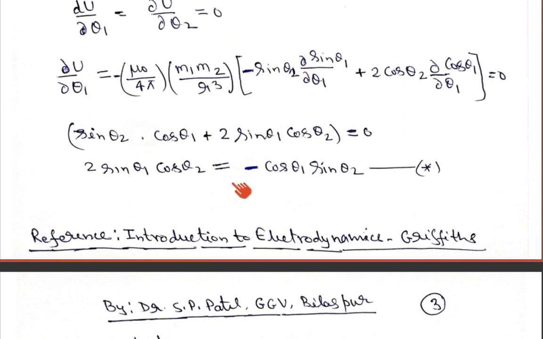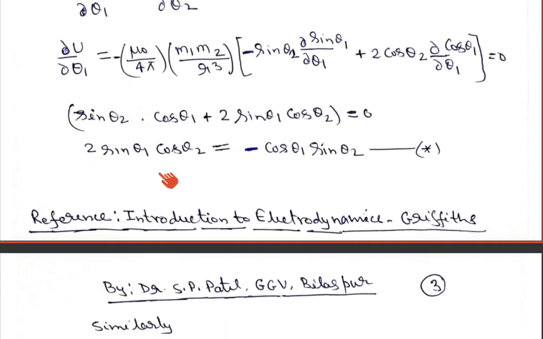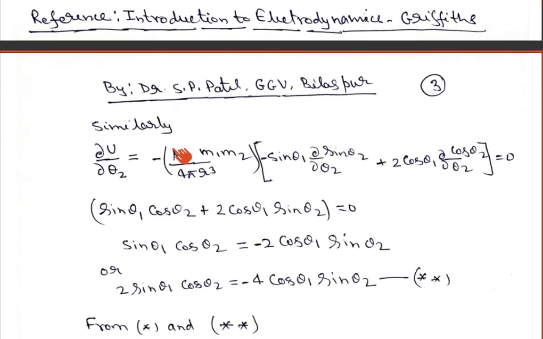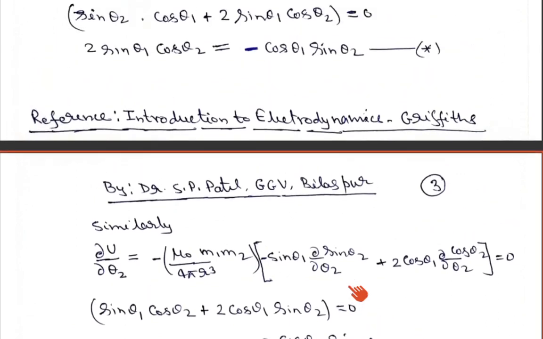So if we multiply by 2, this will become 2 and this will become 4. So this quantity will be exactly equal to the double star equation here. So this means 2 sin theta 1 cos theta 2 can be written as minus 4 cos theta 1 sin theta 2. Okay. So that's what I have done.